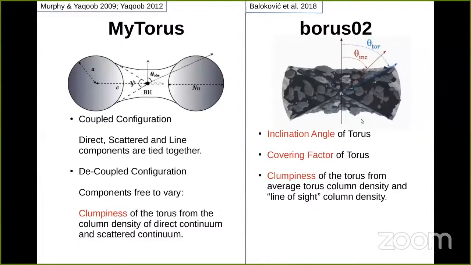On the other hand, BORUS also calculates clumpiness for a continuous distribution of clouds from nucleus to torus, as you can see in the picture. As an extra, it can calculate the covering factor and inclination angle also. We use both models for our analysis to check the consistency of these results.